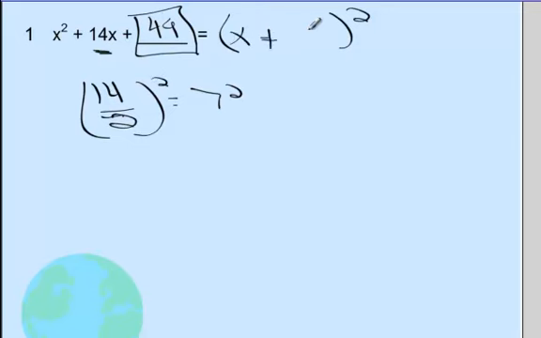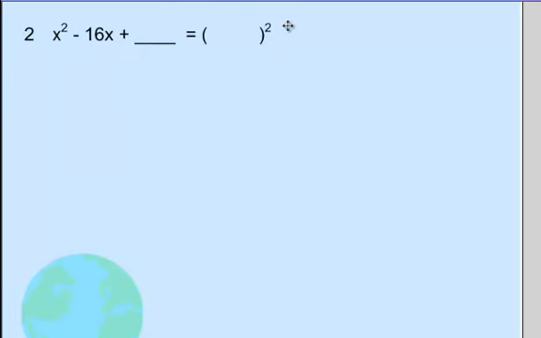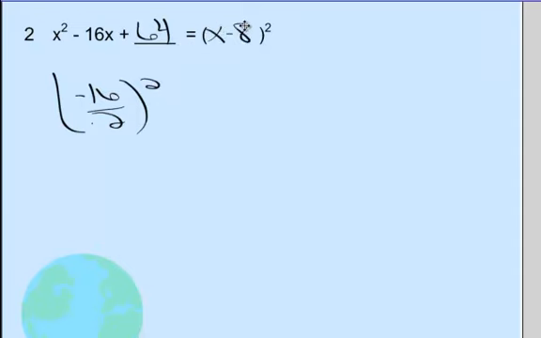X plus 7 is the binomial square. Good job. What are you going to use this time? 64. Excellent. What's the binomial? X minus 8.